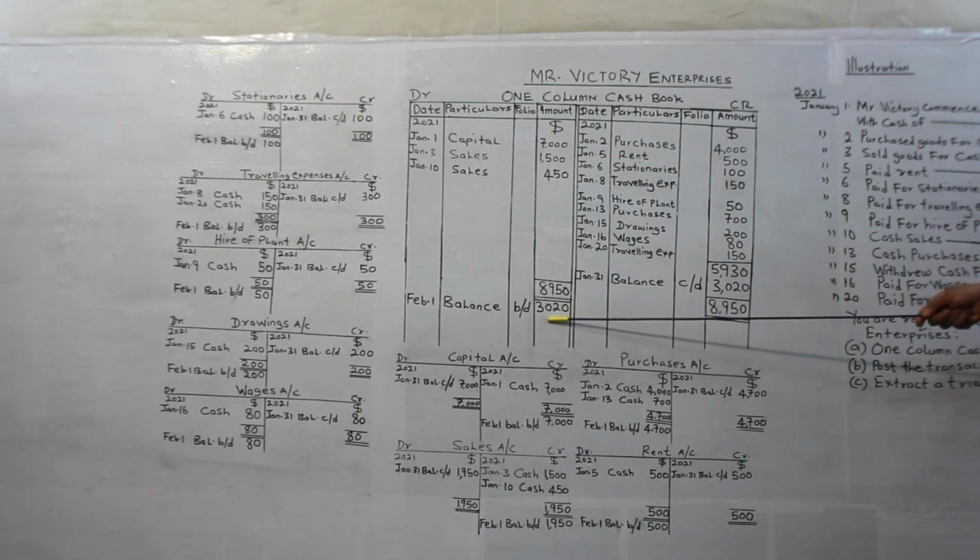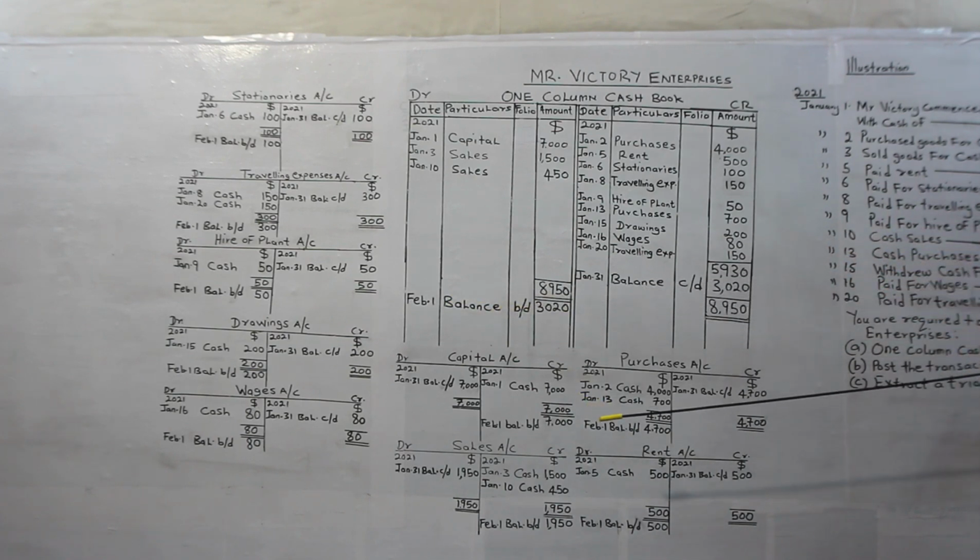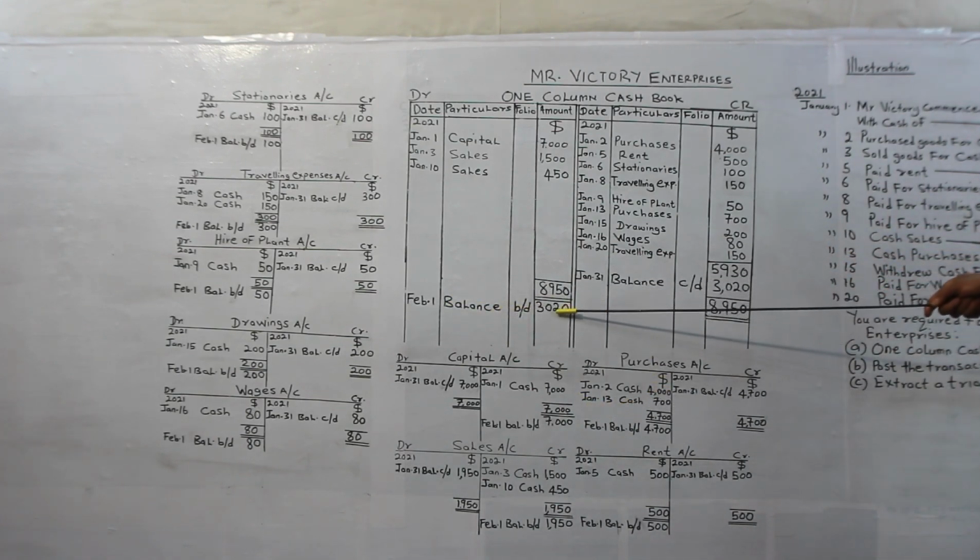So what is the implication of this 3,020 balance brought down on February 1st, 2021? You can see the balance brought down is on the debit side, and debit side means the total amount received for the period brought down. What it means is very simple.